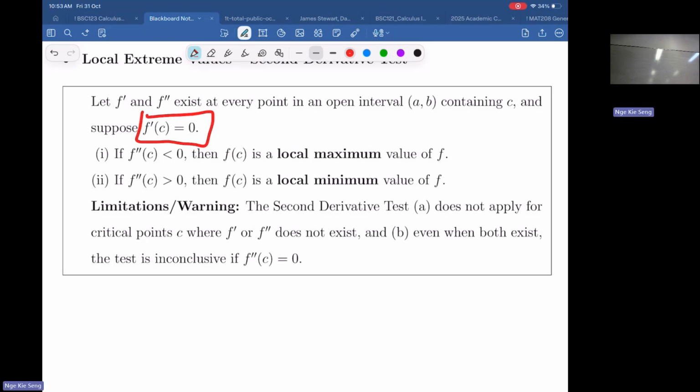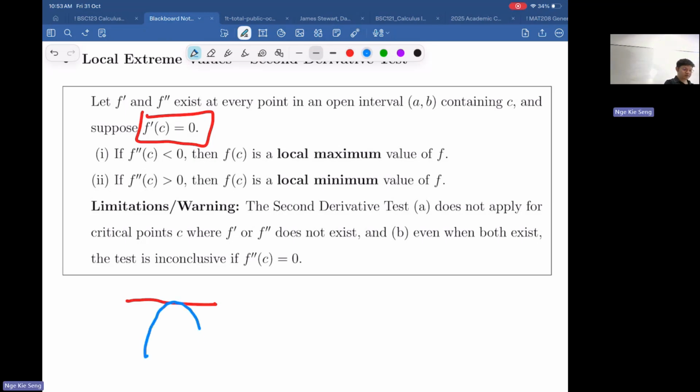Is it counterintuitive? Negative becomes a local maximum, positive becomes a local minimum. Any way to think about this? We know that when f'' is less than 0, it is concave downward. Concave downward means your graph stays below the tangent line.